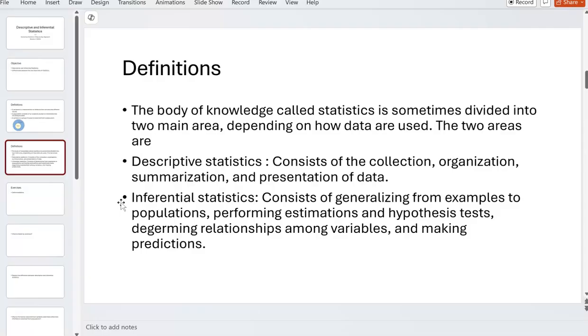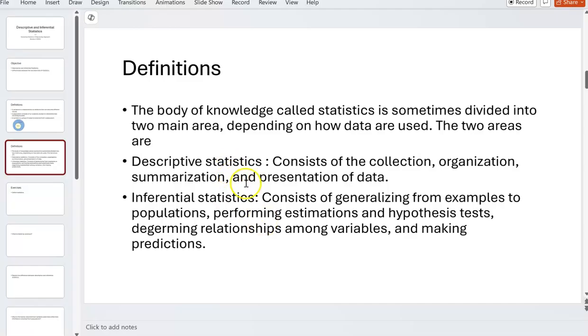So in that case, being like, well, 50% of this population or 62% of this population said XYZ, versus descriptive statistics would be a very specific number, like 12 people, 100 people, just a very specific number. That would be a descriptive statistic. And then for inferential, that would just be a generalization, like giving a percentage of a group of whatever their response is. So that's the difference.